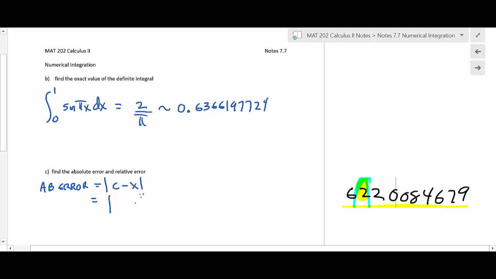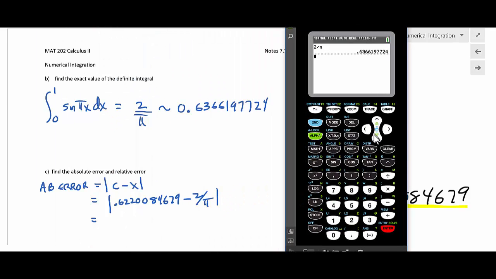Okay, so the absolute error would be, when we did the trapezoid rule, we got this, and then we're going to subtract the 2 over pi, like that. So I can do that on the calculator now, and that'll give us the absolute error. So let's see, 0.622, then 0.0084679, and 2 over pi.